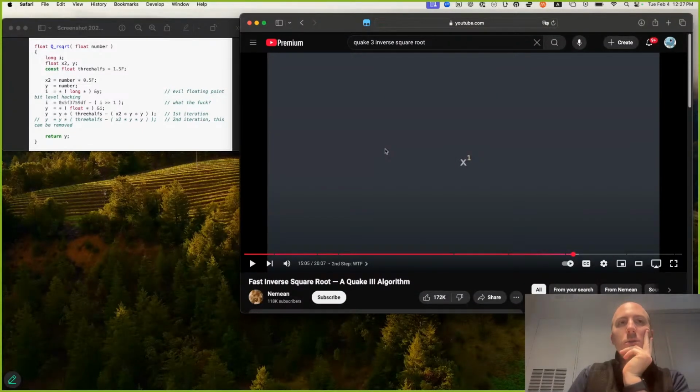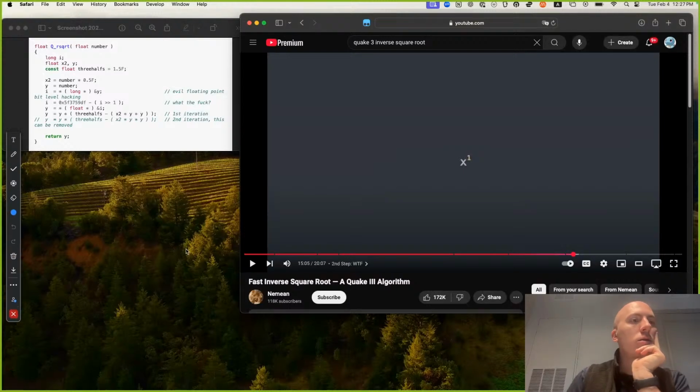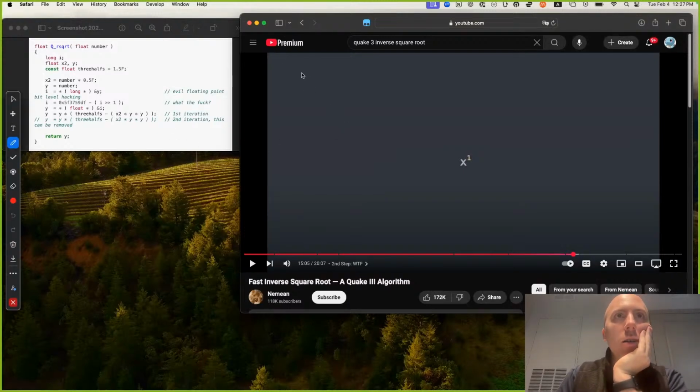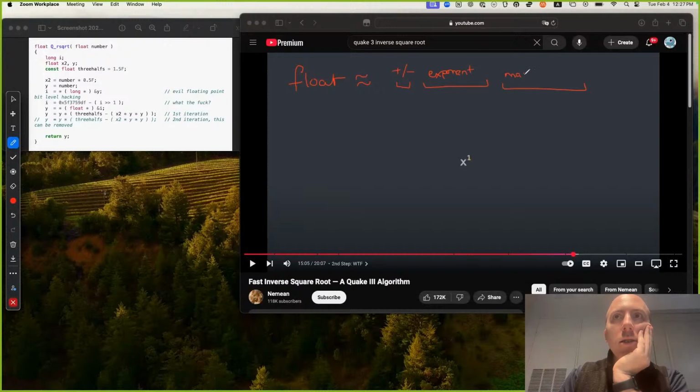Last time we did IEEE stuff. The intuition from last time is that a float is basically three things: the sign bit, the exponent, and the mantissa. There was a small thing we did to each.